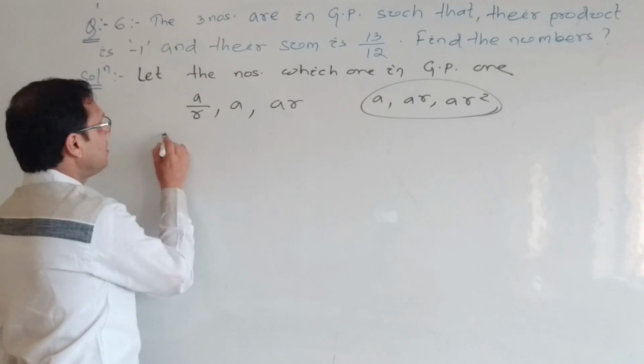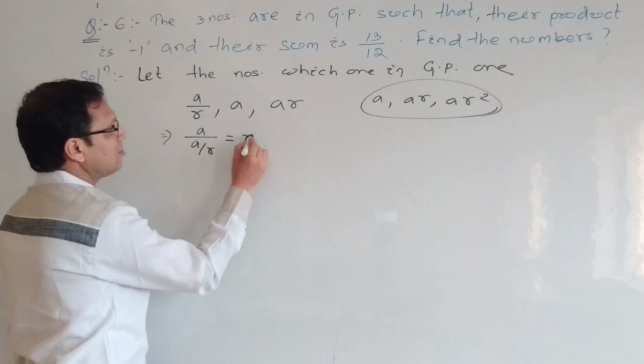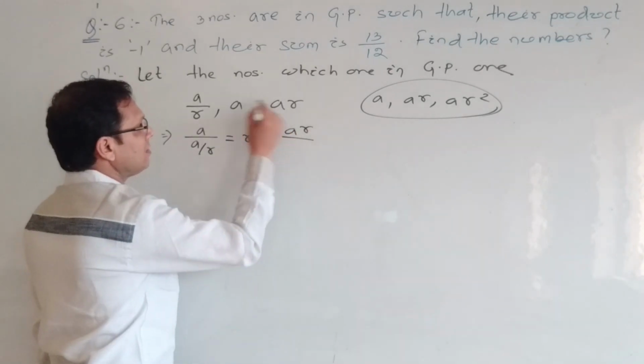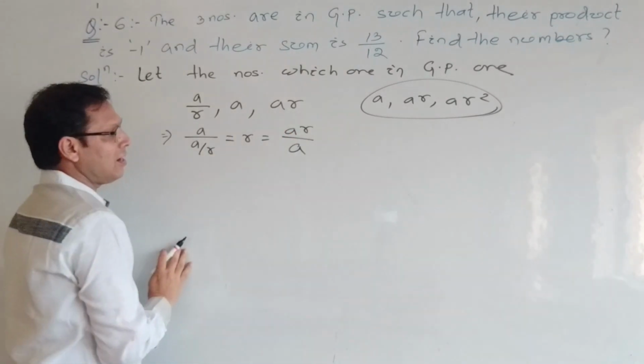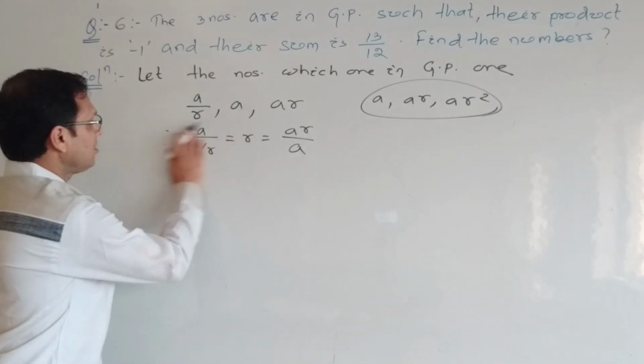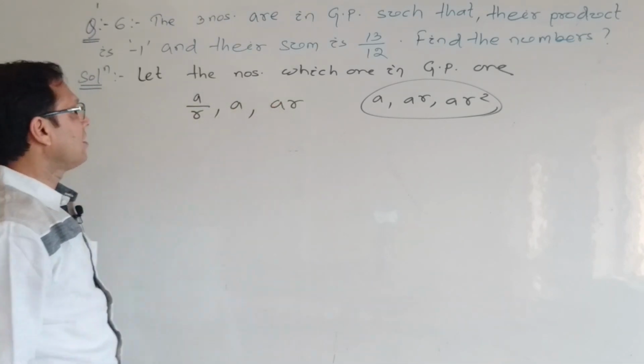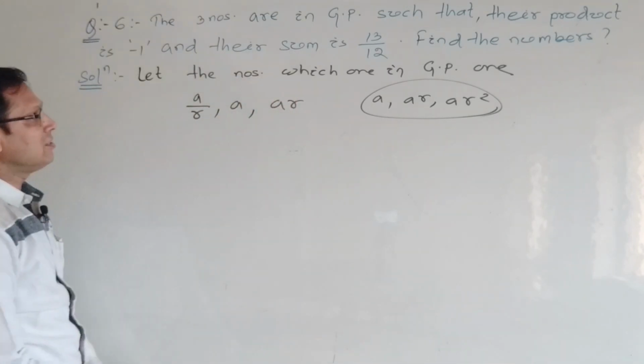You see, T2 by T1, that is A by R, is equal to R, and T3 by T2 is also R. So they are in GP. You can test yourself. So now we have taken A by R, A, AR as the three numbers which are in GP.